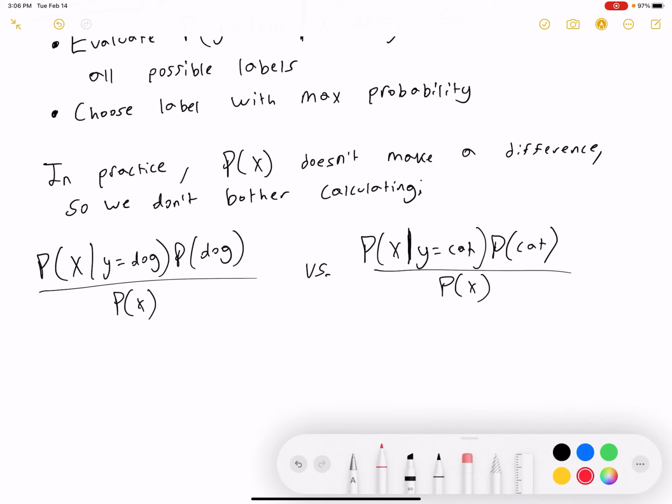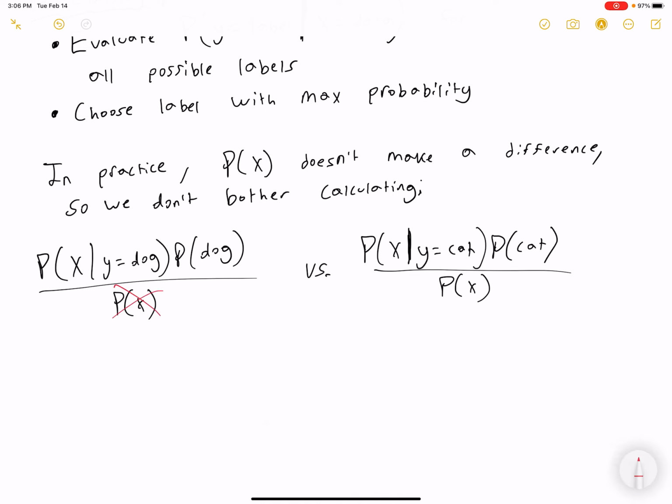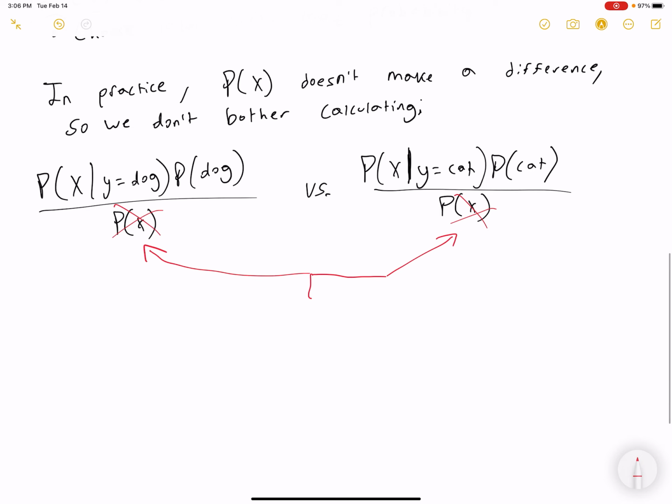And we're dividing by the probability of x in both cases, so we could just ignore that denominator. It doesn't make a big difference in which one of these is higher. And this is a common theme in machine learning where we simplify what we're comparing when it doesn't make a difference, because ultimately we're just trying to see which class is higher. So a recurring theme. We've seen it with maximum likelihood, and in some other contexts, but same denominator, so we can ignore it.